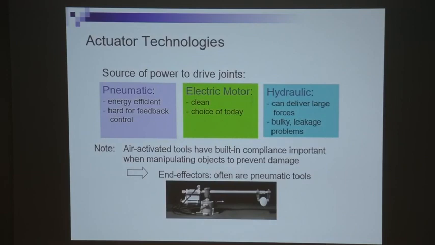When I talk about the actuator technology, I mentioned earlier that the most common actuator for a robot is an electric motor, and there are many different types of electric motor. You have the stepper motor, the DC motor, which may be tied with an encoder at the back, and the servo mechanism. The most common one is the DC motor, so it's the choice of today.